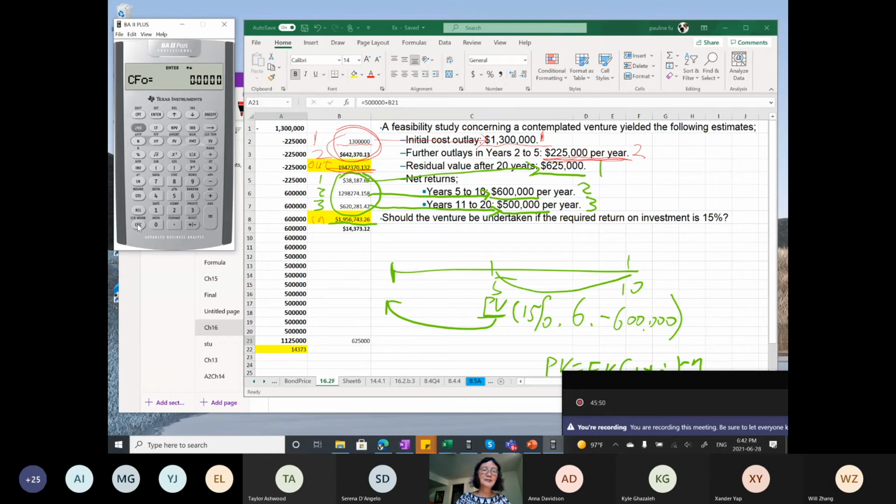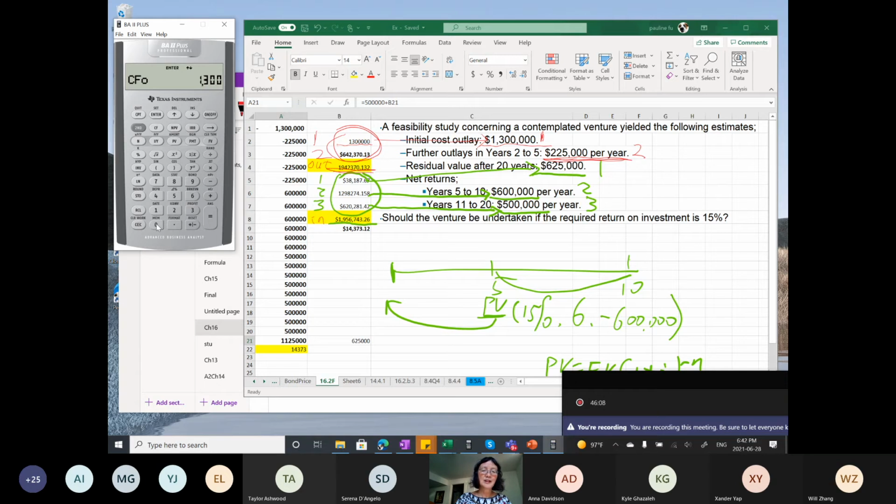Remember this: after you press the CF button, press second clear work, the CLR WRK key at the bottom left corner.